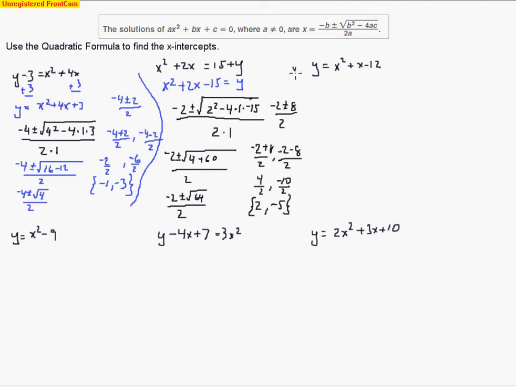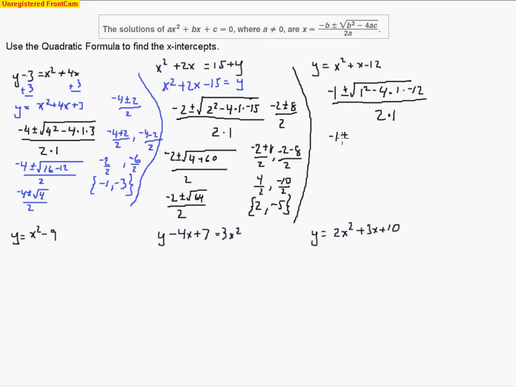Let's take a look at the next one. We have it already in the form that we want. The problem needs to be in the quadratic equation form of ax squared plus bx plus c, and that's what we have. So we just substitute the numbers in there. This time the opposite of 1, which is negative 1, plus or minus the square root of 1 squared minus 4 times a, which is 1, c is negative 12, all over 2 times 1, which is what a is.